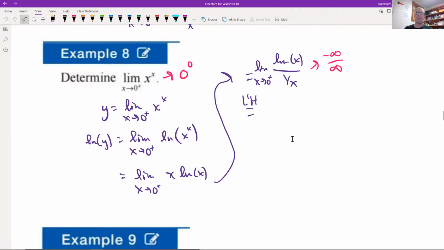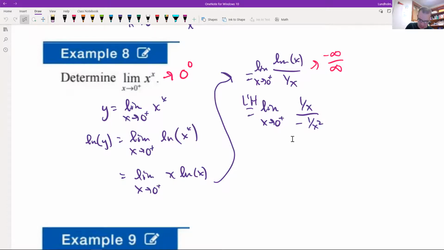Have the ratio there. So we do L'Hopital's rule, and get 1 over x, and then minus 1 over x squared.